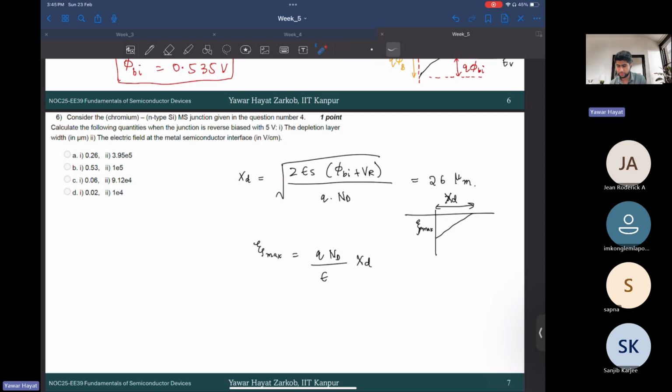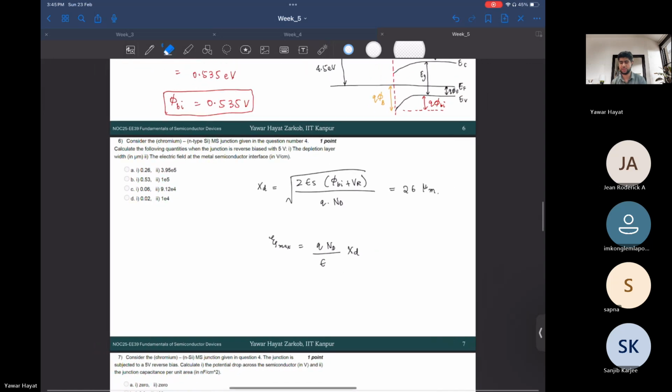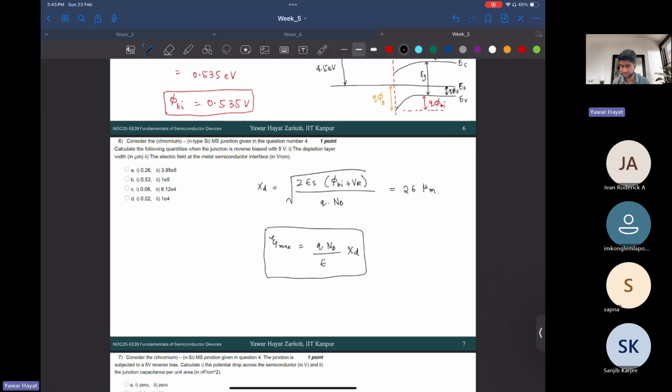All I need is the slope. What is the slope of this? If I multiply slope with this, I'll get this, right? And slope is nothing but this quantity, q ND by epsilon. You would have already seen these expressions. I was just mentioning them here again for your reference. So the E max value that you will obtain is 3.95 into 10 to the power 5 volt per centimeter. So your correct answer is option A, right?